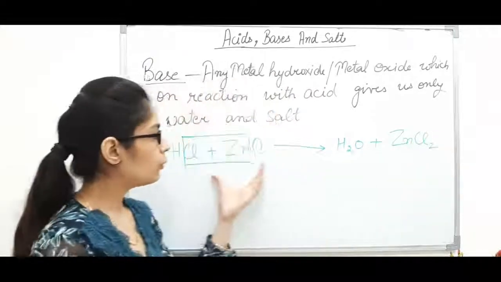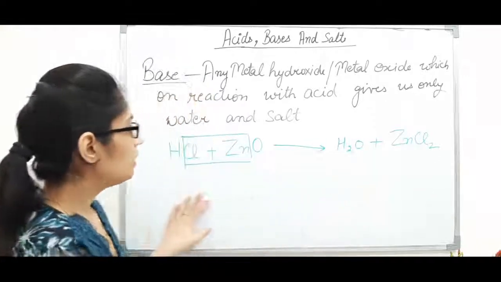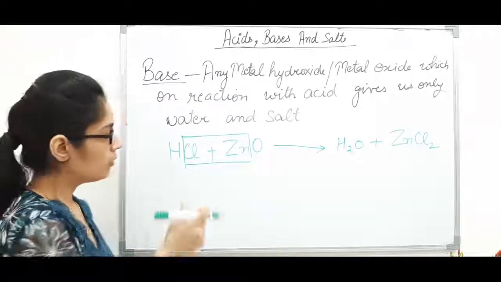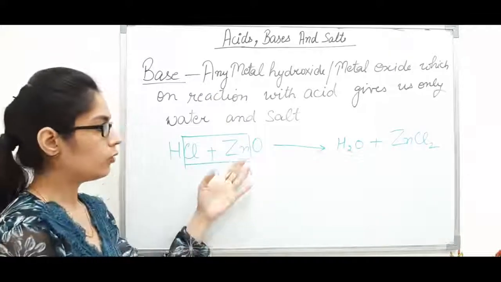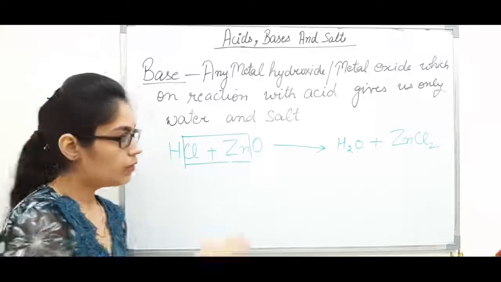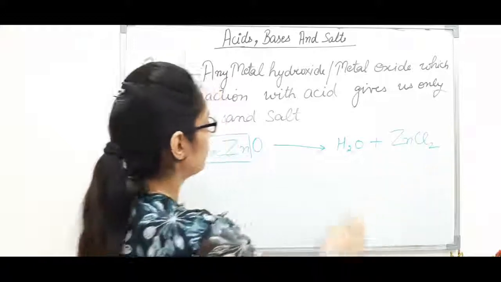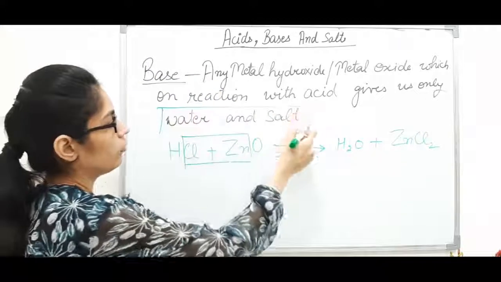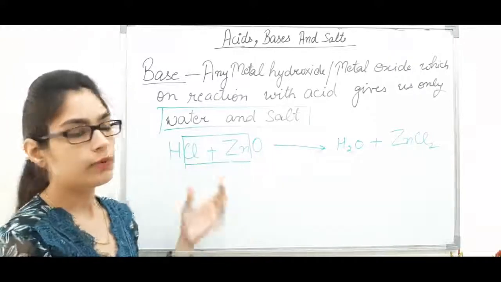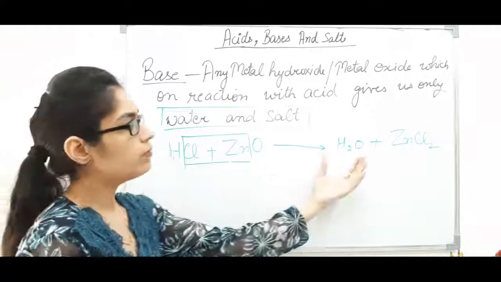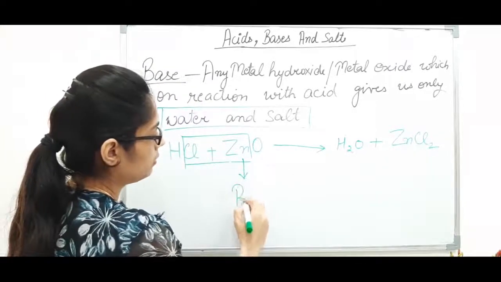The formula you have to write as per the valencies. So when HCl, which is an acid, and ZnO, which is a metal oxide, react, the two products are water and salt. This was the definition of a base. So when any metal oxide or metal hydroxide on reaction with acid gives only water and salt, this metal oxide will be a base.